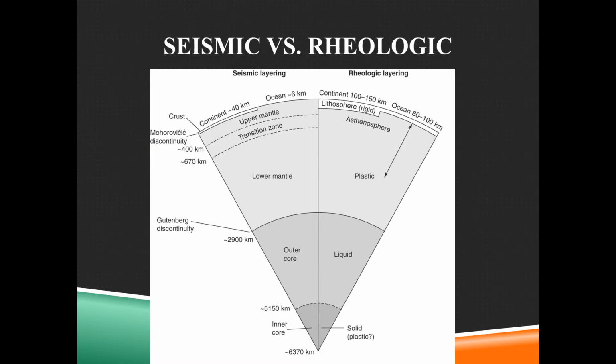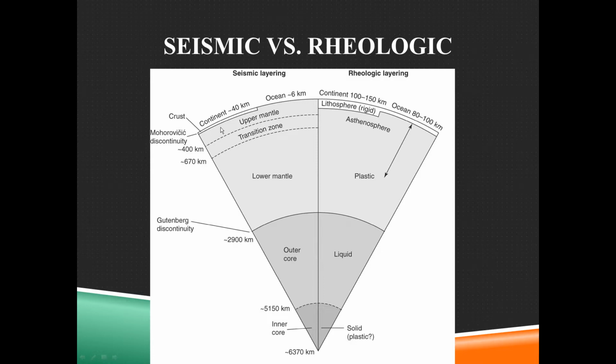So here's a side-by-side look at the seismic layering on the left and the rheologic layering on the right. We can see crust, continental crust being about 40 kilometers thick. Oceanic crust is there, but it's so thin that it's just part of that line at about 6 kilometers thick.